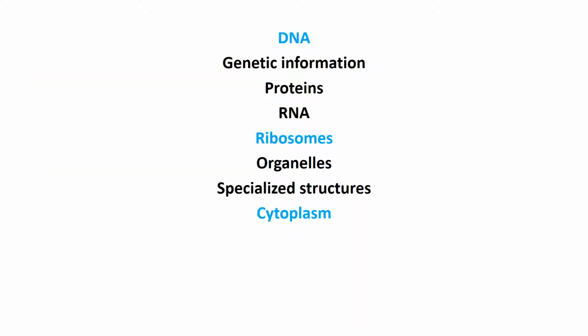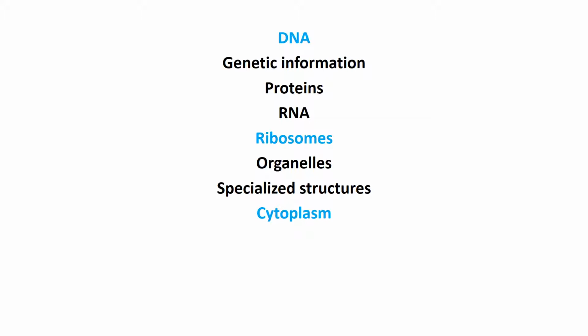All cells have DNA. DNA stores genetic information. And all genetic information is instructions for making proteins. RNA transports these instructions, and it also helps construct proteins. Proteins are constructed at ribosomes.